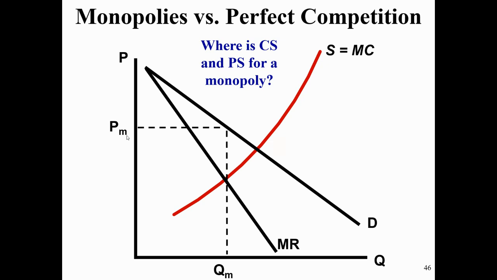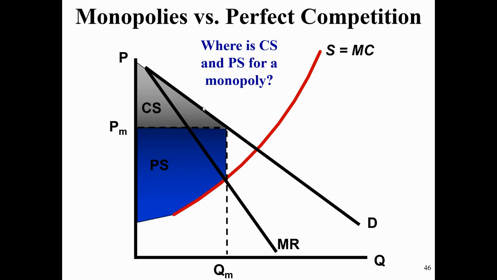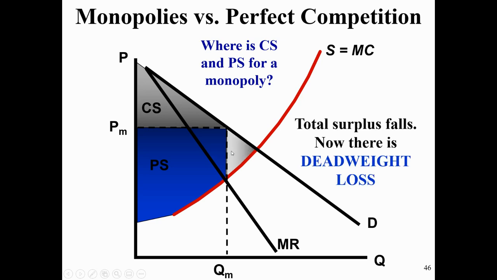Great. So my consumer surplus will be this area above the price in monopoly and this triangle on top. And where's my producer surplus? Everything down the line of the price of monopoly, always aligned with my quantity to be produced at a monopoly, which means I am going to have a deadweight loss because the total surplus falls.